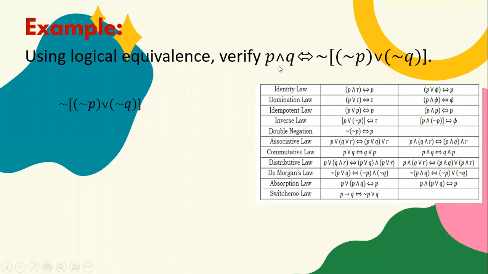Ayan na siya. Okay? Saan siya pwedeng pumasok na law? Anyone? De Morgan's Law po. Okay, De Morgan's Law ulit. So sa De Morgan's Law, bakit siya napapasok sa De Morgan's Law? Because of this symbol, oh. Pagka may P or Q kayo, automatic, ayan na siya.